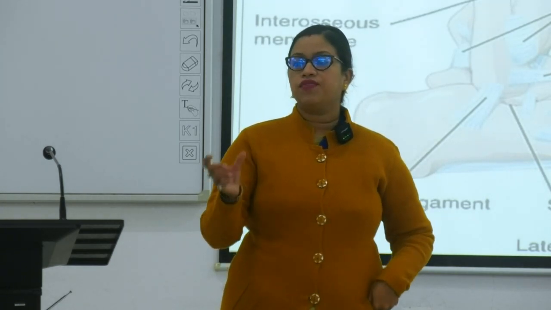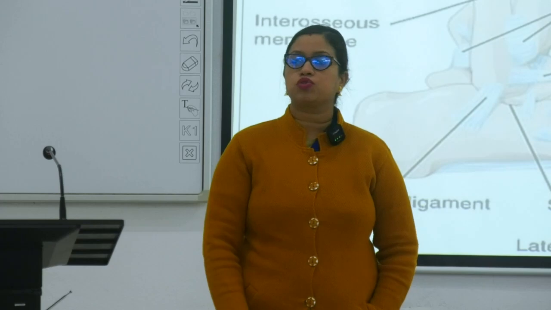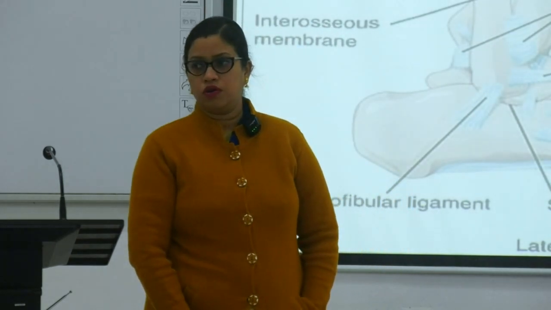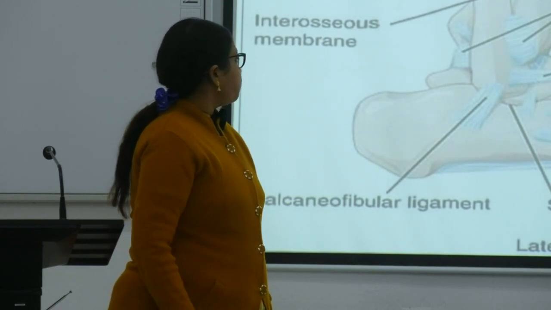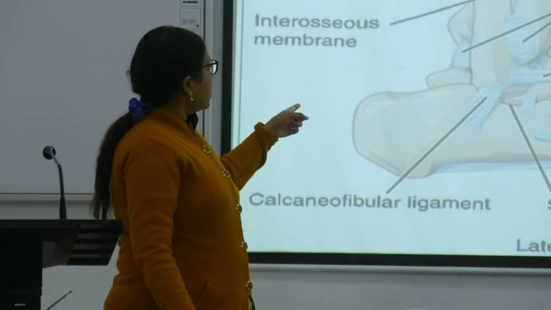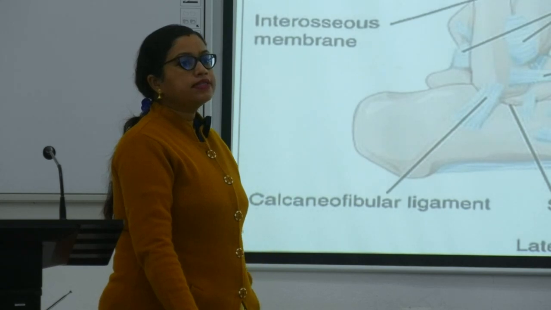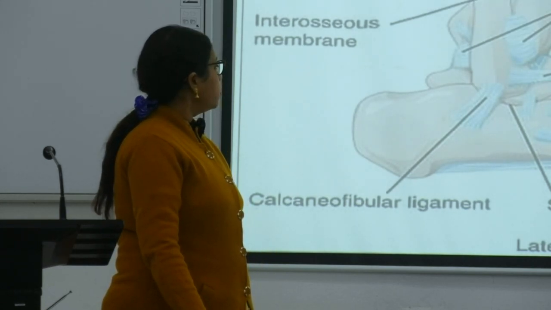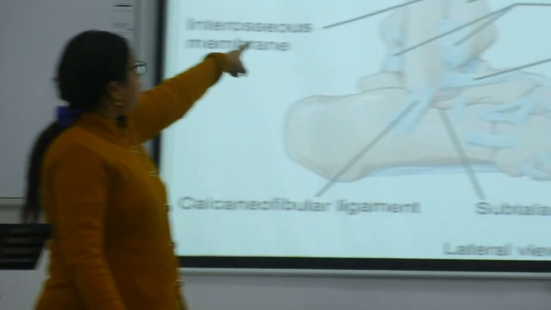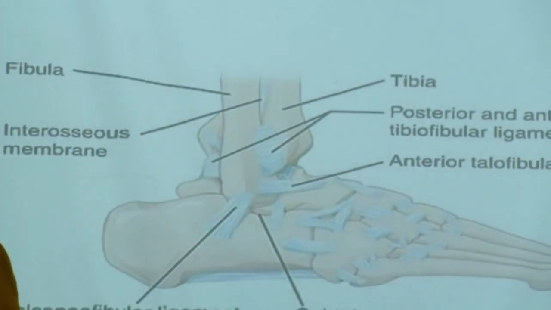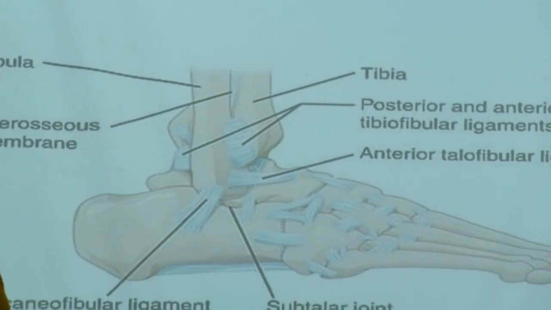So the inferior tibiofibular joint is one of the strongest joints, by this syndesmosis. Another thing we get is the calcaneofibular ligament. The intraosseous membrane is an example of syndesmosis.